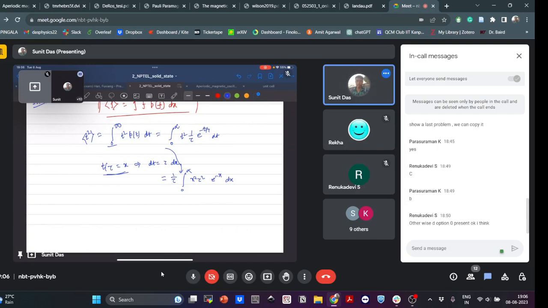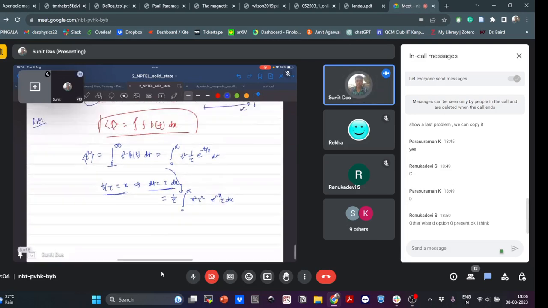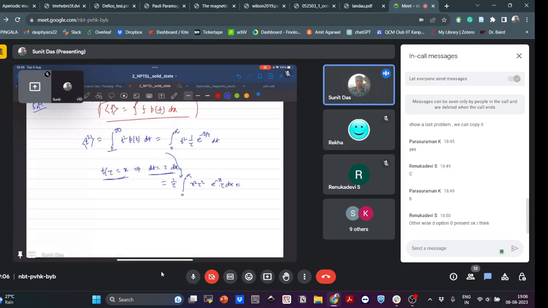And with dx there will be another tau, so it will be tau cube and 1 by tau, so tau square, 0 to infinity, x square e to the power minus x.